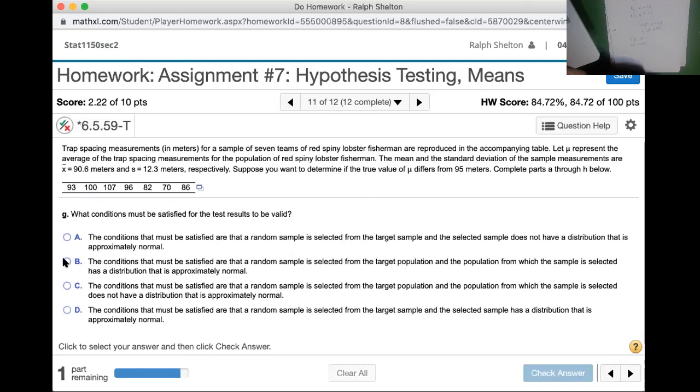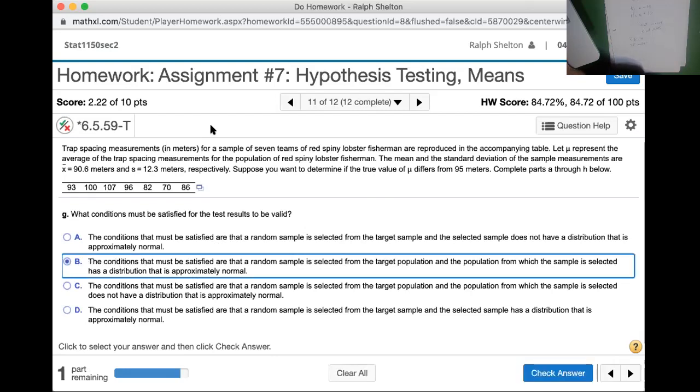That's true. Okay, in this sample problem, the population has to be normal because we have a small sample size. If we don't have a normal population, and we know we have a small sample size here, we can't do the test. So B is the end of the story there.